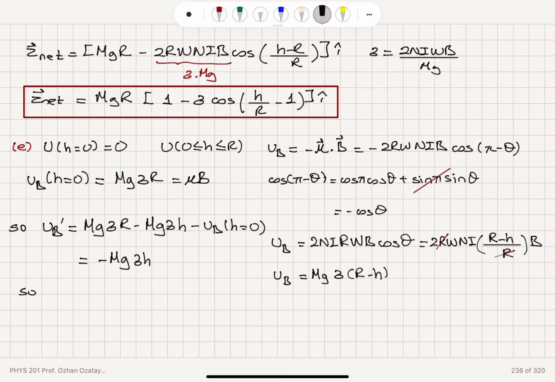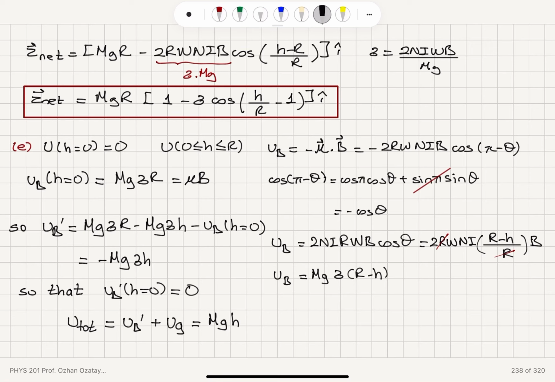And so I make sure that the potential energy is defined such that when H is equal to 0, it is 0. Because the gravitational potential energy is already 0 at H equal to 0, this was necessary so that the total potential energy becomes the shifted potential energy for the magnetic portion plus the gravitational portion, which is mgh.